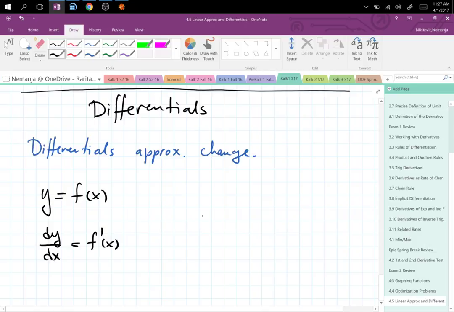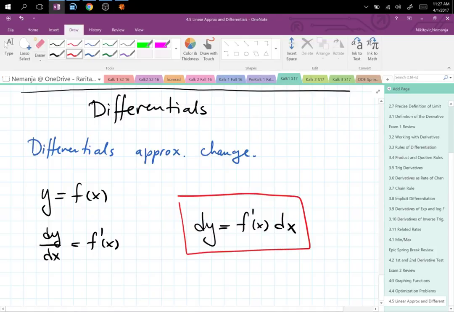And then dy is equal to f prime of x dx. And there's your formula for differential. That's the differential. So variables are separated. You have all the x's on the right and a y on the left.